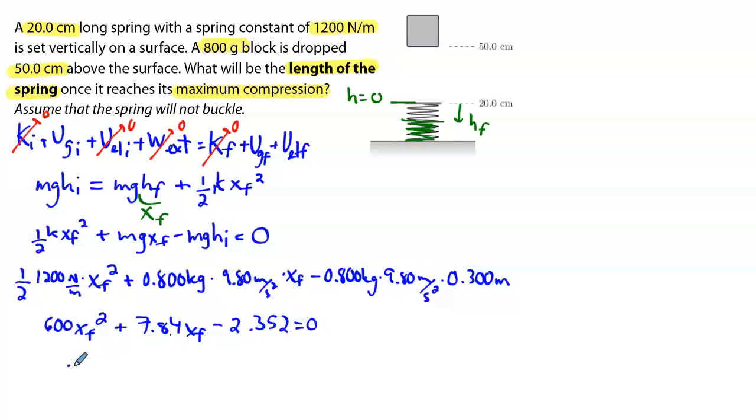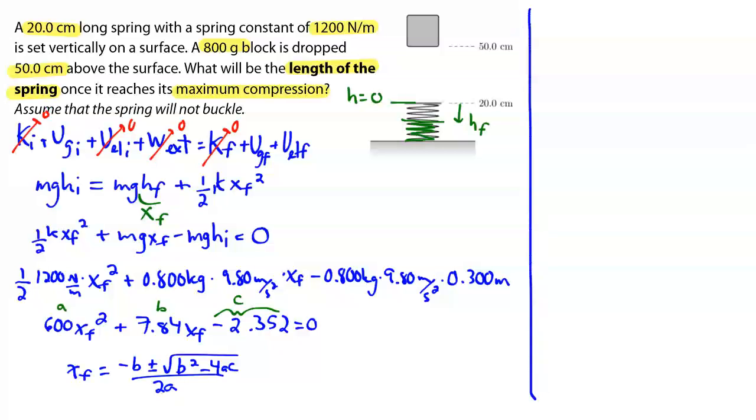So in order to find the value of x final, you want to use the quadratic equation. This will be minus b plus or minus the square root of b squared minus 4ac, all of that divided by 2a, where a will be equal to 600, b will be just the value here, 7.84, and c is minus 2.352. We can now calculate the roots, and I'll spare you the details.